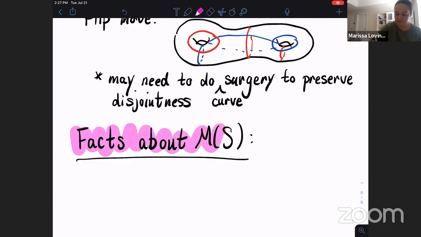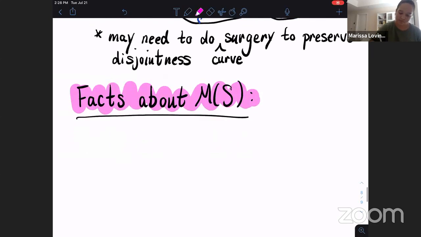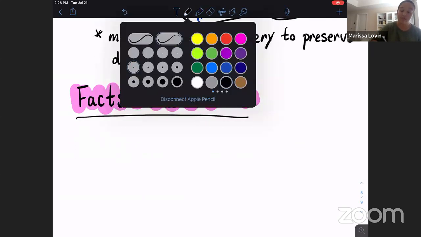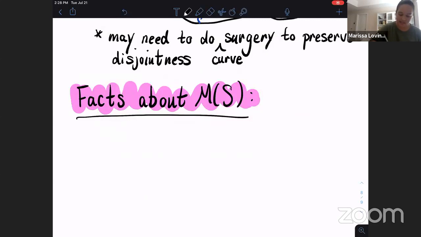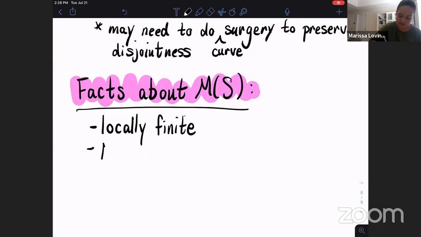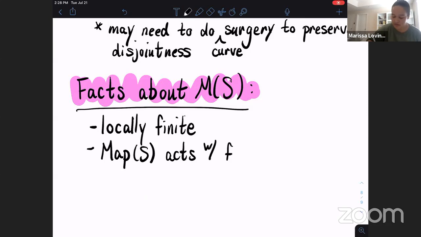So, well, one way that it really differs from the curve complex is that this is a locally finite graph. We also have that the mapping class group acts on it with finite stabilizers.